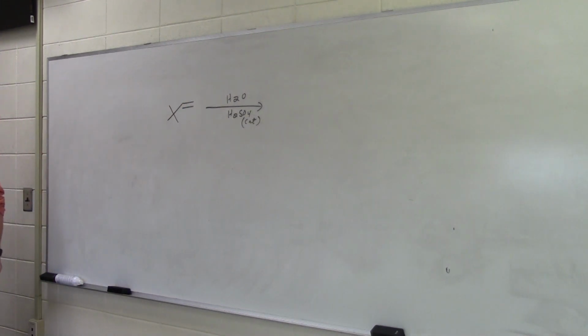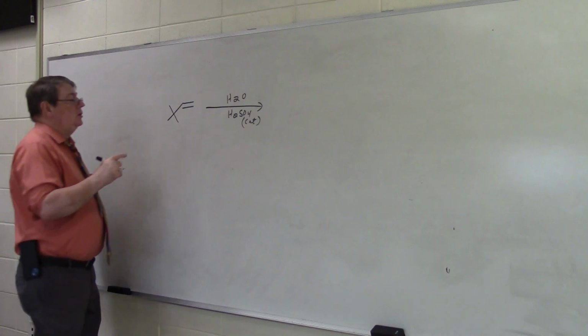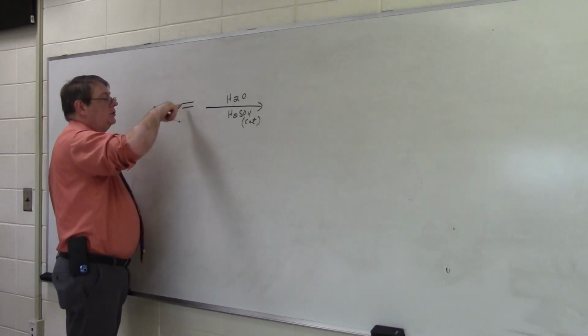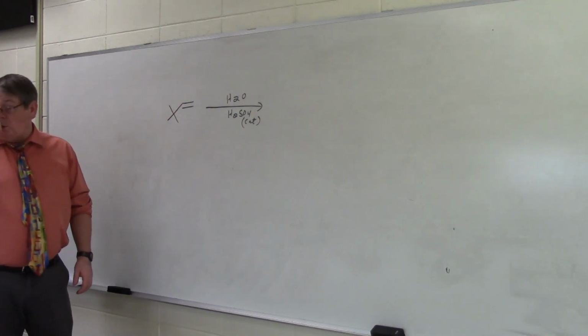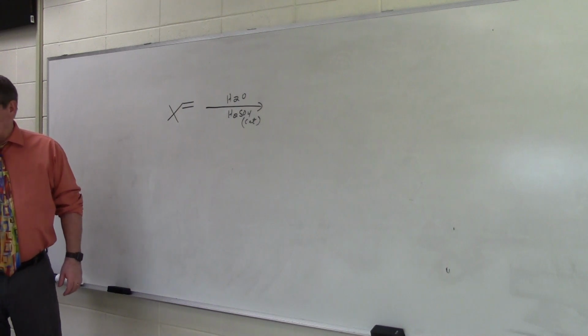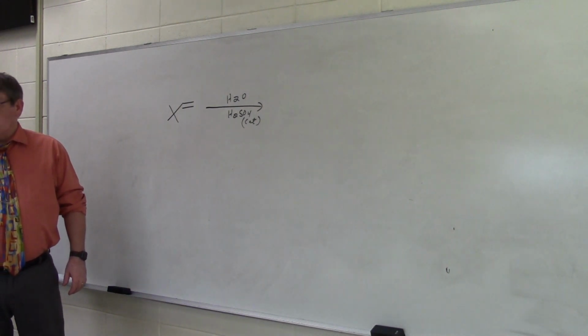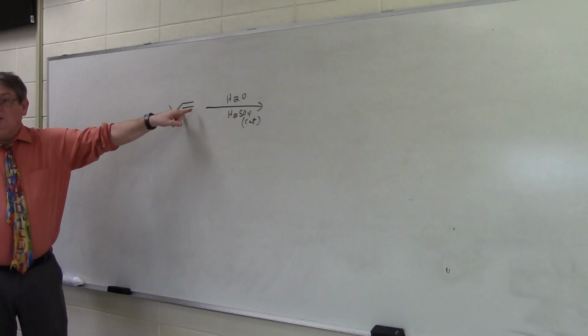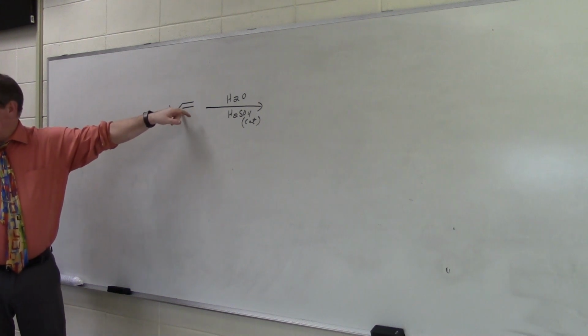So the first step in this reaction is for a hydrogen atom to go on one of the carbons of the alkene. Whose rule is that? Markovnikov's rule, that's right. So I've got carbon number 1, which has 2 hydrogens. I've got carbon number 2, which has 1 hydrogen. So which carbon is going to get the proton? Or the hydrogen? Carbon 1 or carbon 2?